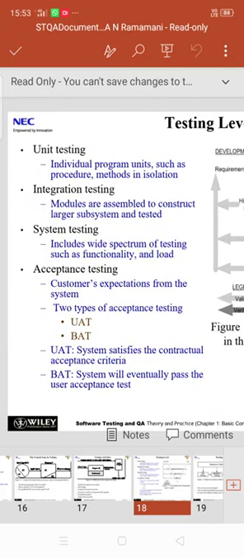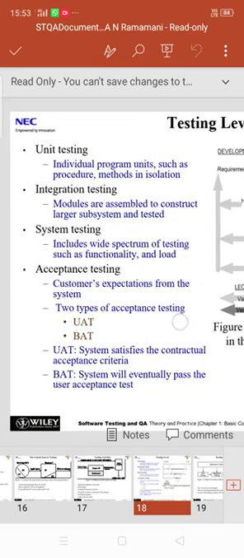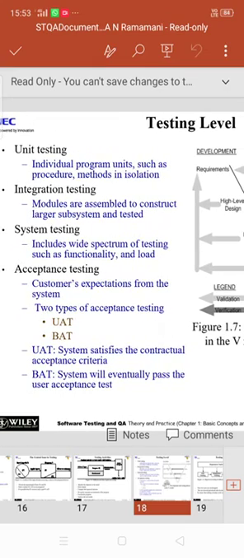Unit testing: we test individual program units such as procedures and methods in isolation. Integration testing: modules are assembled to construct larger subsystems and tested. System testing includes a wide spectrum of testing such as functionality and load. Acceptance testing relates to the customer's expectations from the system.